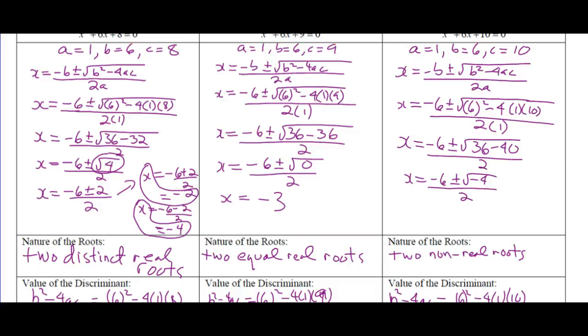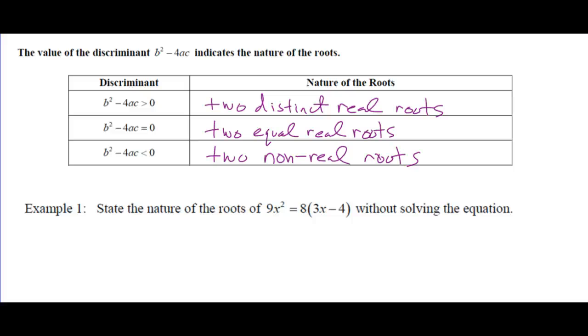It's gone, so this effectively is just negative 6 over 2. When it's negative, you can't do the square root. So you can't do negative 6 plus the root of negative 4, so there are no real roots, which we could say are two non-real roots. So it discriminates. It tells you the nature of the roots. When it's positive, I'm going to have two distinct real roots, because I'm going to be adding a number onto something and then dividing by 2a, and I'm going to be subtracting that same number from something.